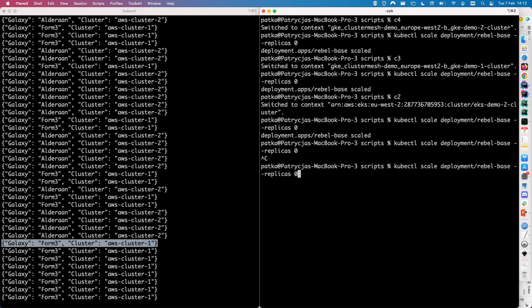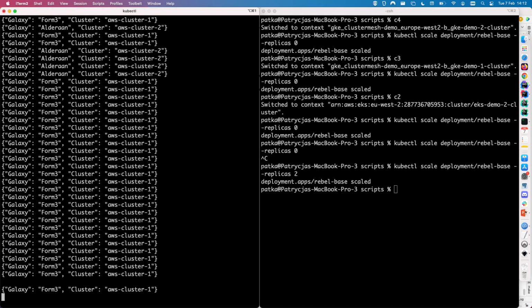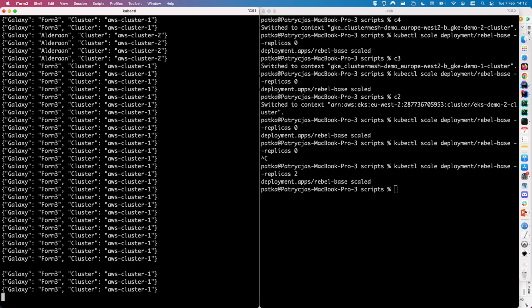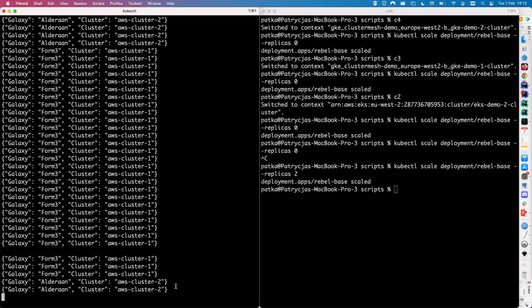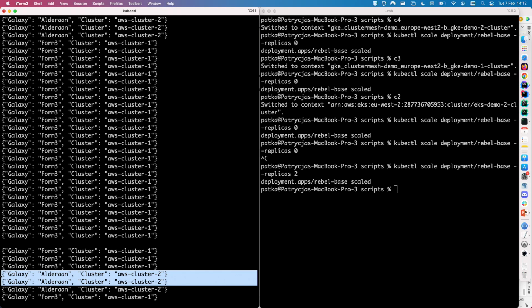Oops, that's not actually scaling back. So let's scale up to 2 replicas our AWS cluster, and we should soon see some responses from AWS cluster 2 as well. Okay, so that's our goal, right?